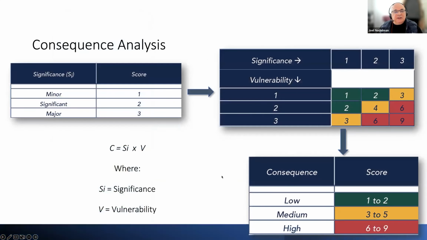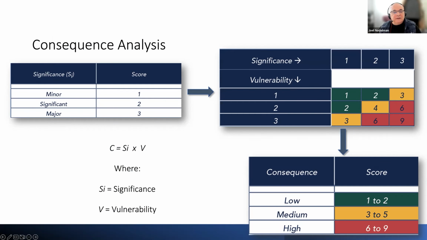The only thing is, since we have vulnerability, we're drawing our consequence from the vulnerability scoring, and we are applying a factor as to how significant that vulnerability is in these particular cases. One of my colleagues uses the example that I could have a highly vulnerable handrail, but it's not significant, whereas I could have a highly vulnerable bridge, and that is significant. So it's a way of getting some clarity on that.